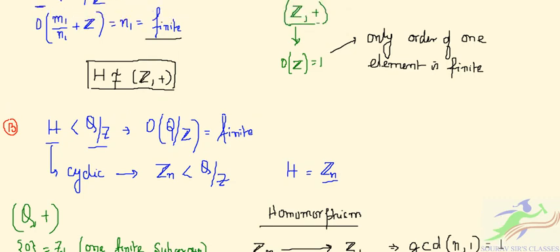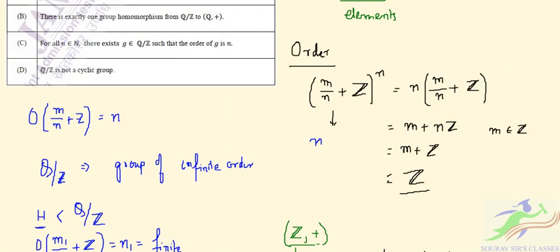Now what is option C? Option C is telling that for all n belonging to the natural numbers, there exists a G which belongs to the quotient group Q/Z, such that the order of G is n. So it is very simple. So from here we can find this order. We have to find the order of this particular group.